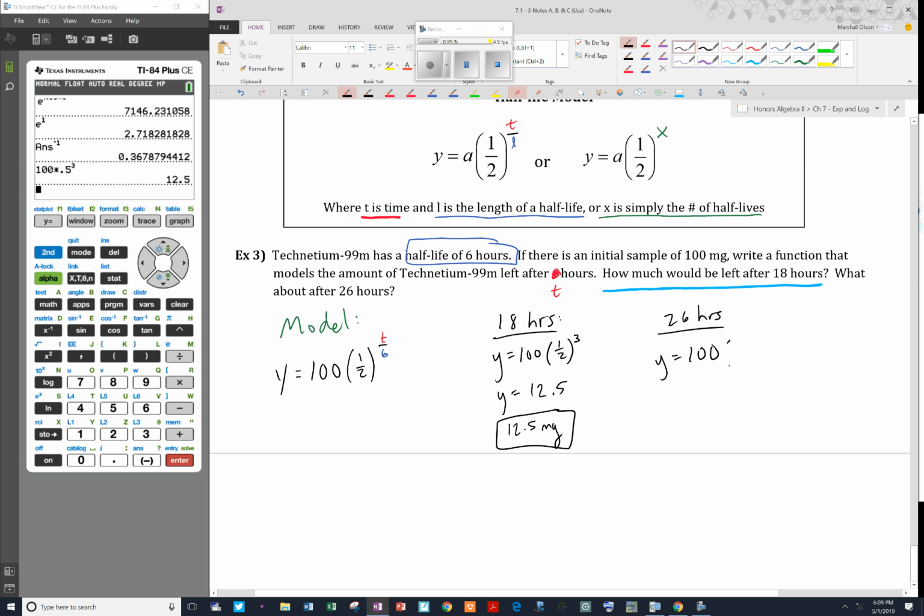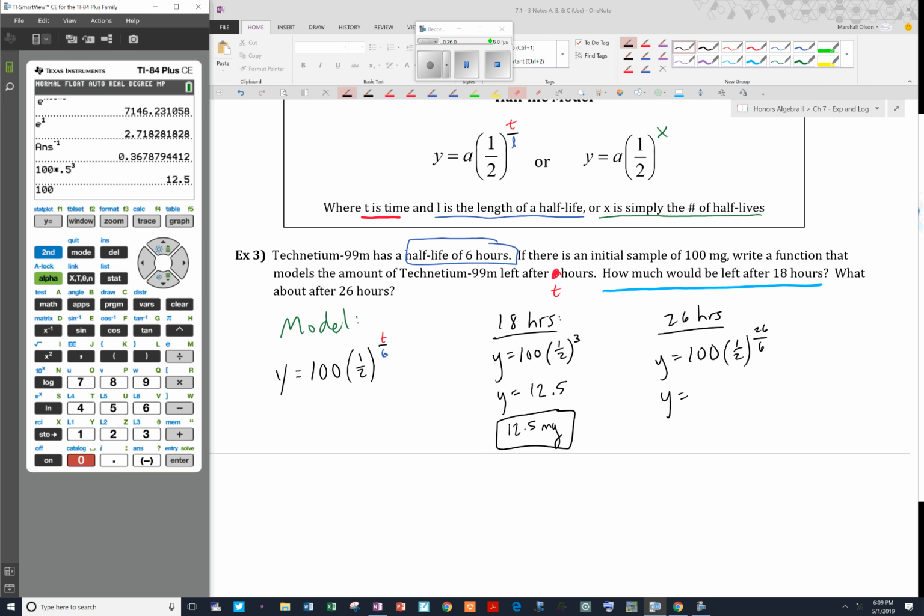So we're taking 100 times a half to the t over 6, but time is 26 now, and the half-life is 6. So if I put this in, or you could figure out what that is as a decimal right away, and go back to doing it the way we did the other one. But I'm just going to plug it into my calculator anyway.